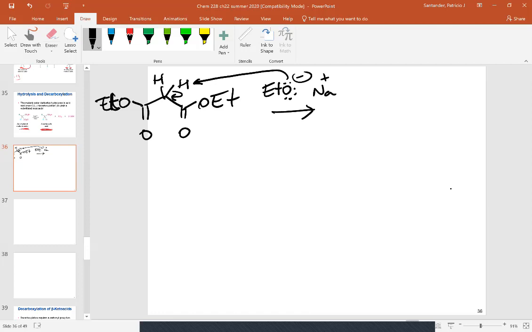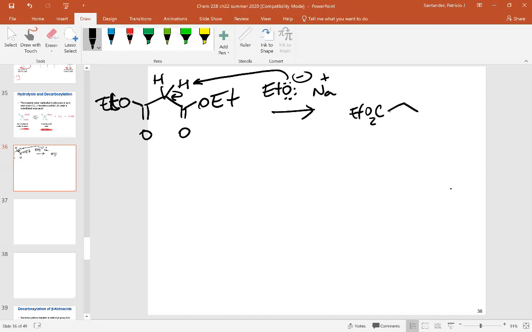So we can write it down like CO2Et, CO2Et. And then here now we have a carbanion.